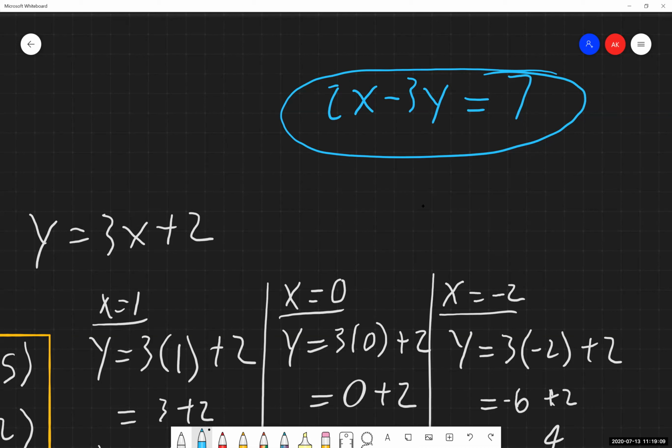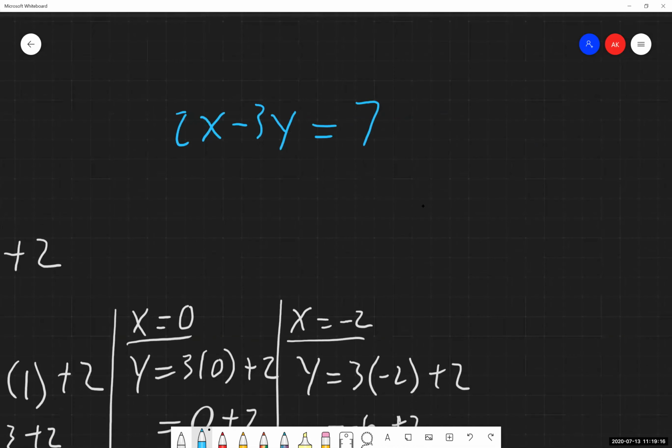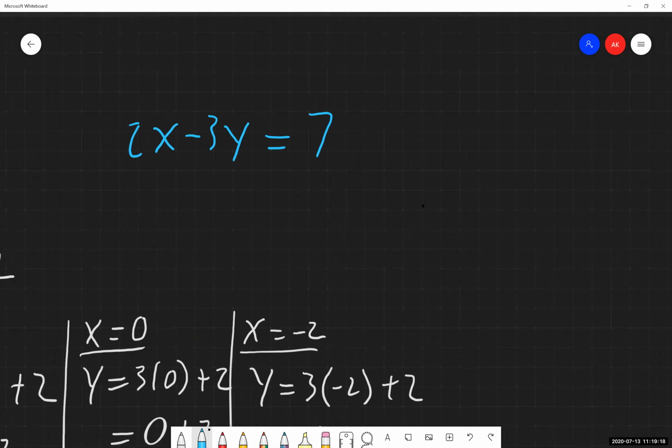The other one that you can do, let's say you have something set up like this, you could rewrite this, because we have the tools for this, you could rewrite this into the form of y equals, and then something written out. You could solve this equation for y, and then find your answer from there, or find your equation from there, and then find your x and y values accordingly.